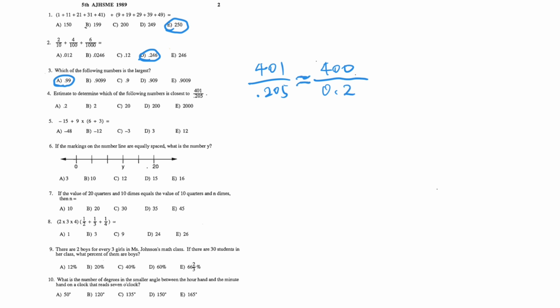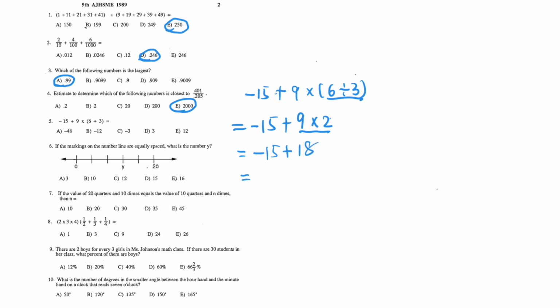So that's approximately 400 over 0.2. Cancel 2, that's 200, but the denominator is 0.1. We move the decimal point to the right, and the numerator adds a 0. So the answer is 2000. That's the answer E.